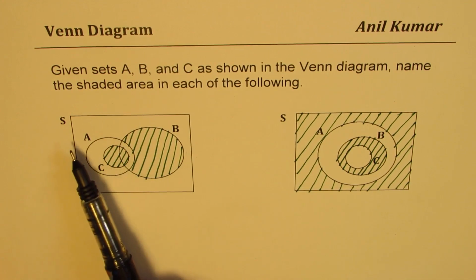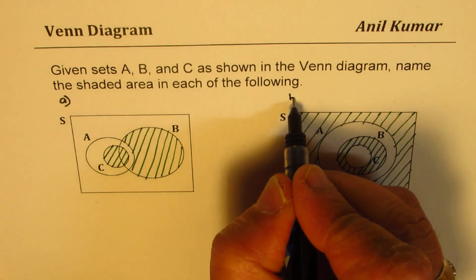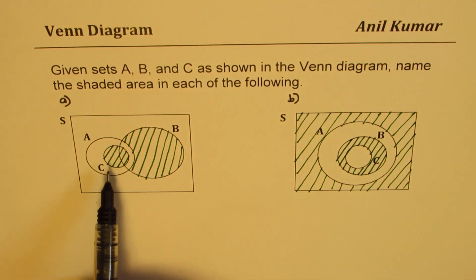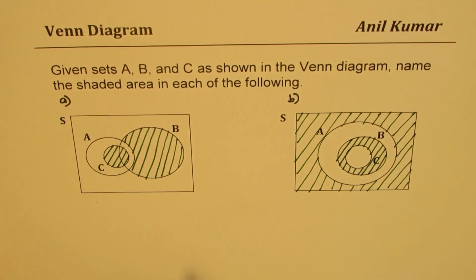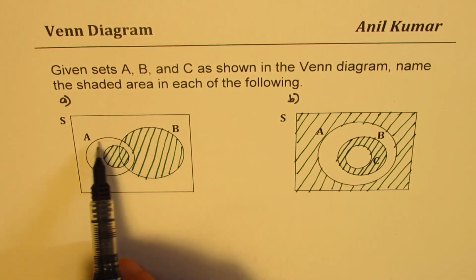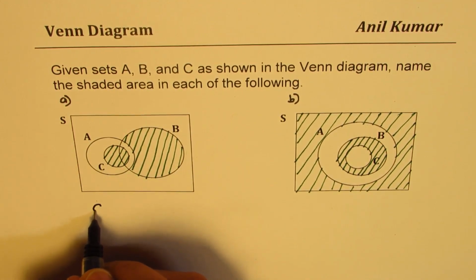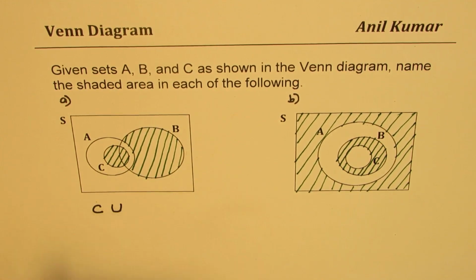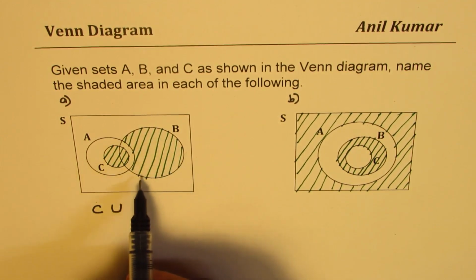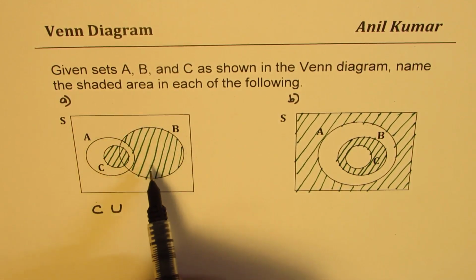Okay. Now in the first one, let's call this set A and let this be set B. The shaded portion shown to you here is completely that C, right? And a portion of B. The portion of B which is shaded does not include A. So how can you write this? So clearly we have the set C altogether with union of what we have here is something which is outside A but inside B, right?